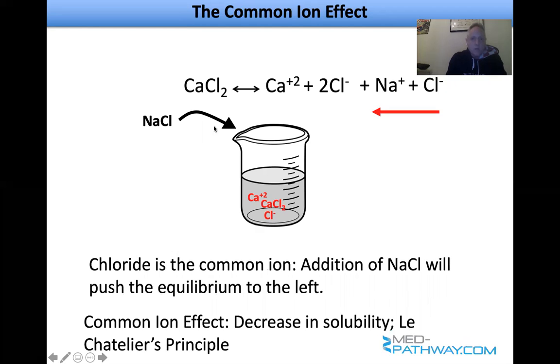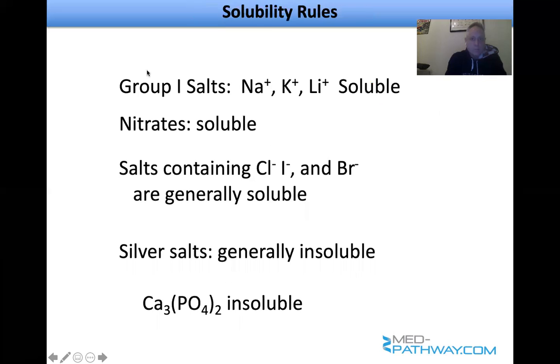And so Le Chatelier's principle is going to push this equation to the left, which is going to favor the actual calcium chloride parent molecule. And so the common ion effect always leads to a decrease in solubility through Le Chatelier's principle. As you see here, by going to the left, you form more calcium chloride that is not dissociated.